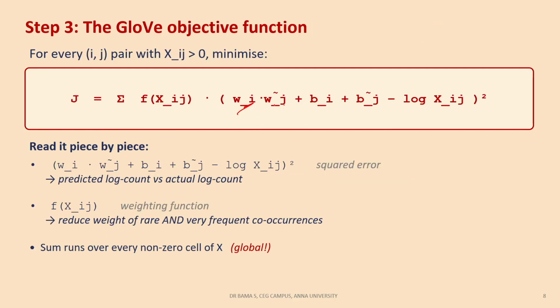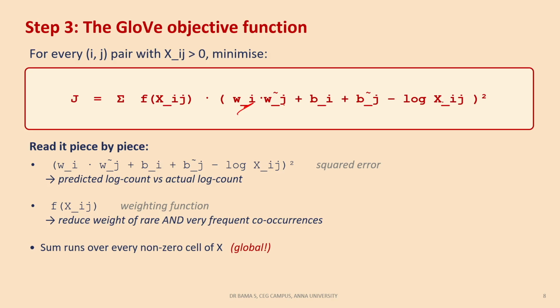So, wi·wj is the dot product of that particular word vector multiplied by the context vector of that particular word, plus the bias for both vectors, minus the logarithm of how many times the occurrence has happened with respect to Xij.